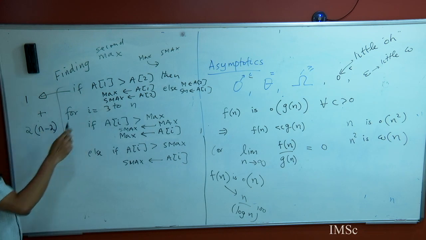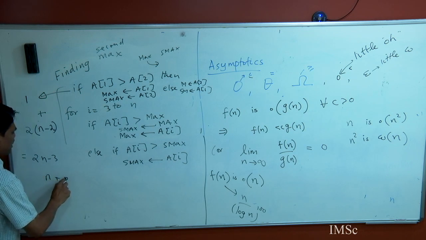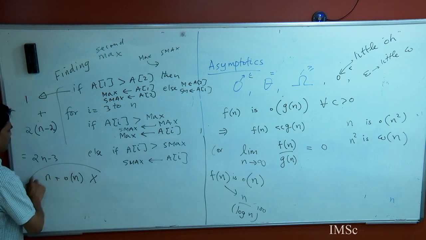Because 3 to n is n minus 2. So 2 into n minus 2. So this is like 2n minus 3. Not such a big improvement from what we had before. So in particular, this is not n plus little o of n, right?